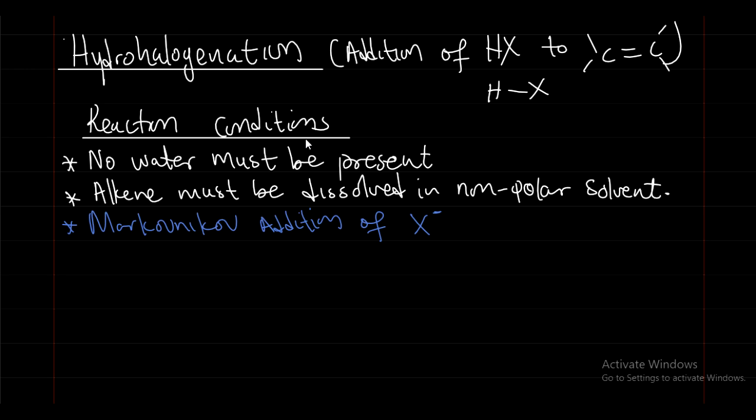The environment inside the flask must not contain any oxygen, and the solvent that is used to dissolve the alkene must be a non-polar solvent. It happens fairly at room temperature, so it is not really a hard reaction to do. It's quite a spontaneous reaction.